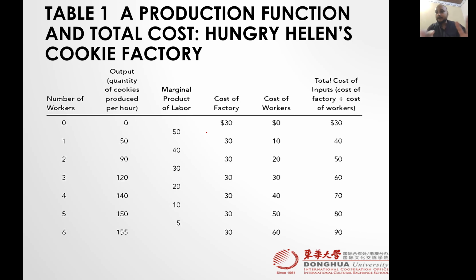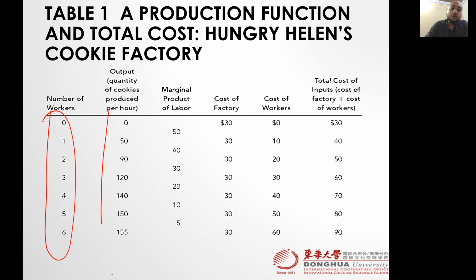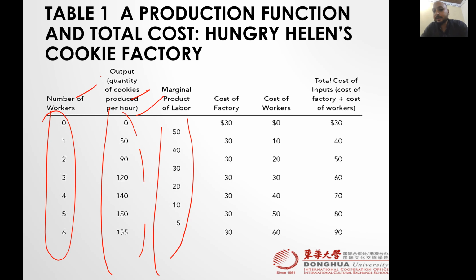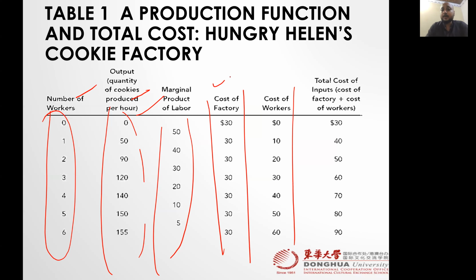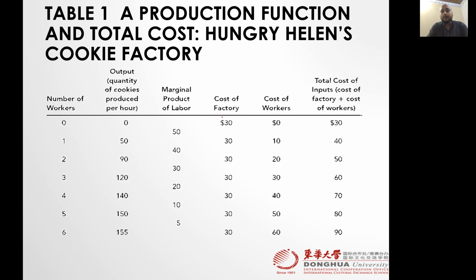So, if you are given this chart in which you have the number of workers, the output, and the marginal product of labor, this much we have done from our previous drafts, and now the cost of the factory and the cost of the worker. Which one is fixed and which one is variable from here? Cost of the factory, you see, if you produce 50, 90, 120, 140, 150, 155, the cost of the factory is still 30.